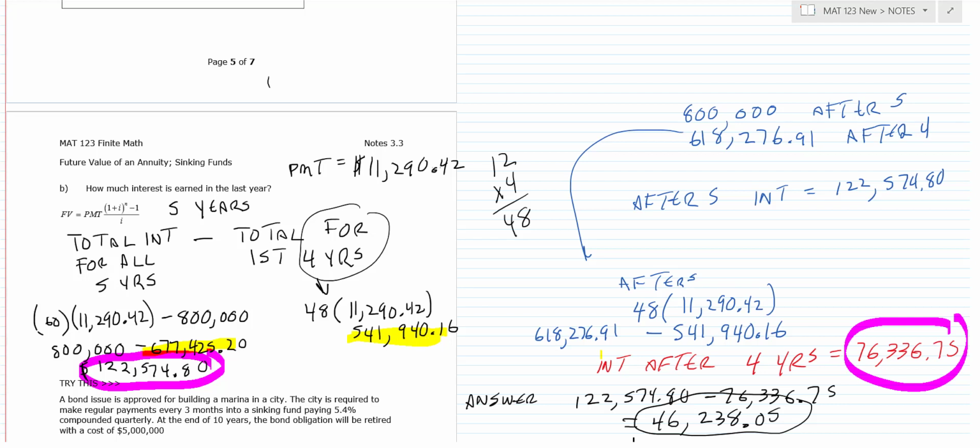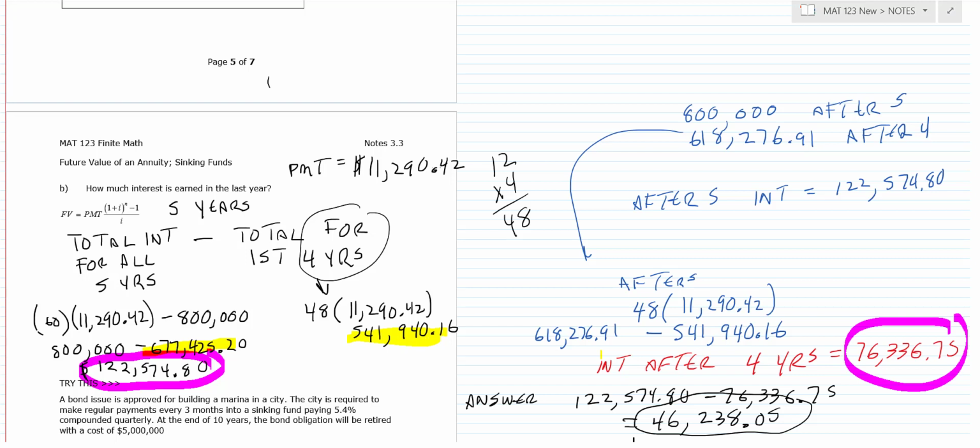So I did that, and then I did 48 payments after 4 years, and then the difference gives you that 46,000 like that. Okay? So what we end up doing then is that's your interest. Those are the two things, subtract, and that gives you the final amount we have there. Does that make sense?